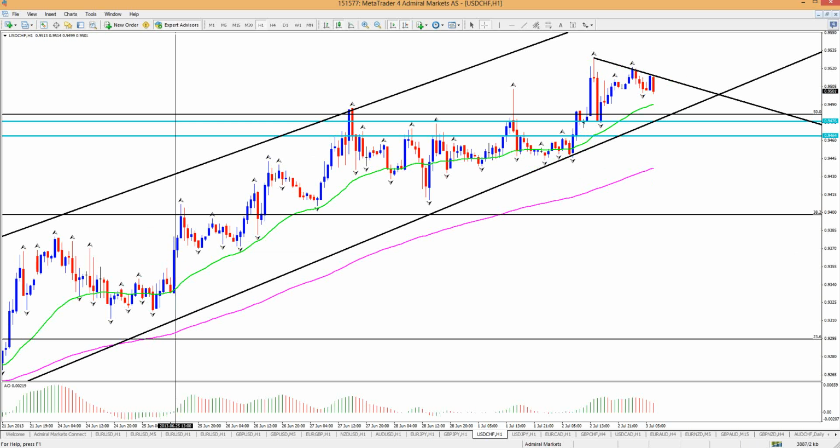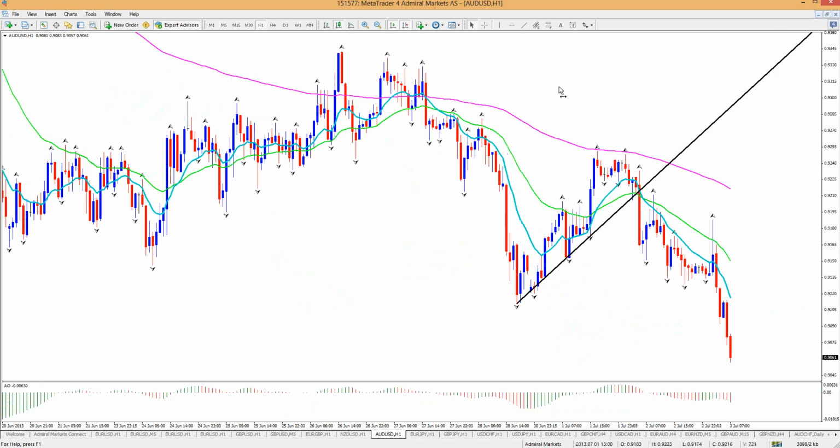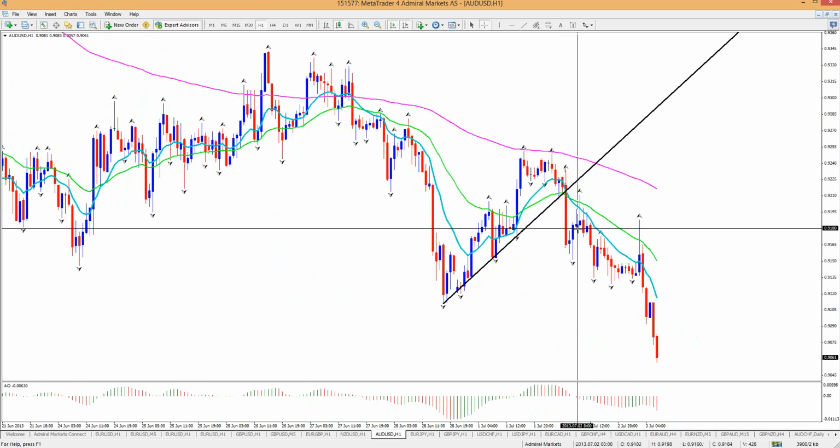What else was interesting? Well, yesterday I took a trade on the Aussie and Euro during the day. Not sure if they're set up right now. Let's take a look. Maybe the Aussie is just continuing. That's the thing. Yesterday, remember yesterday I was looking for the Aussie short. I took it eventually. Actually, I don't know.